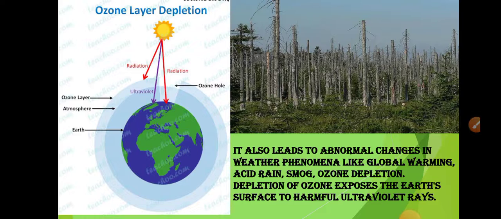And also acid rain, which we had learned is the immediate effect of air pollution. We had learned that when air pollutants are released in the smoke from the factories, they precipitate along with the water vapor which is evaporated.